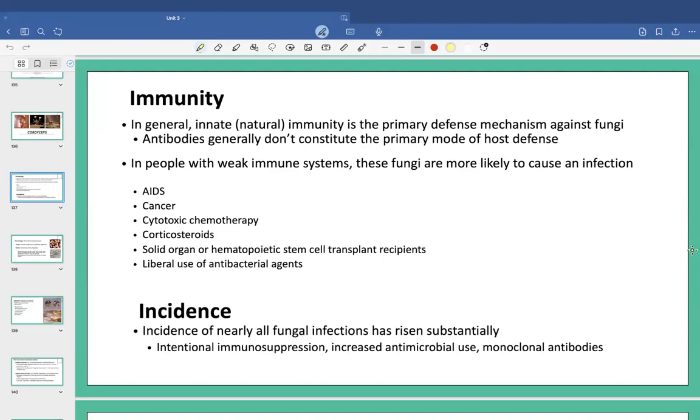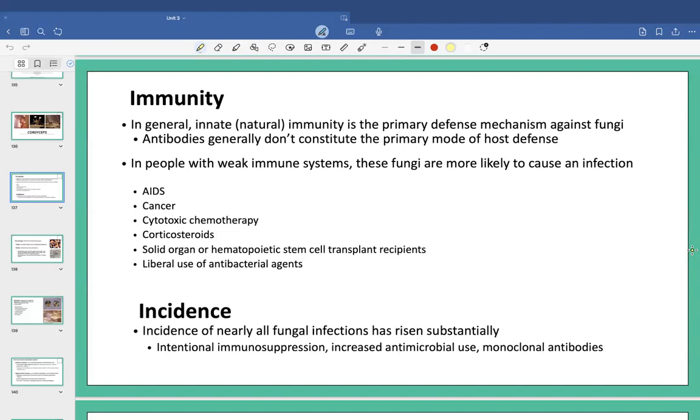Cancer. What treatment do cancer patients need that might make them have a weakened immune system? Chemo, yeah. We have steroids, patients who've had organ transplants or stem cell transplants, patients who've had a lot of antibiotics, their immune system might be somewhat weakened.